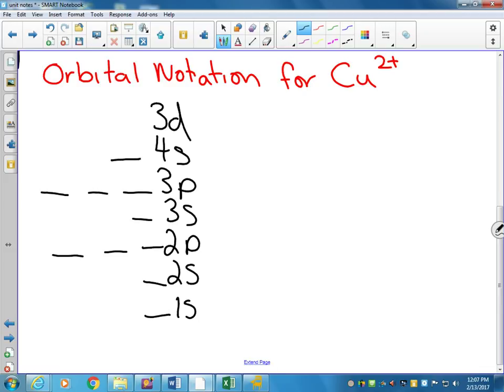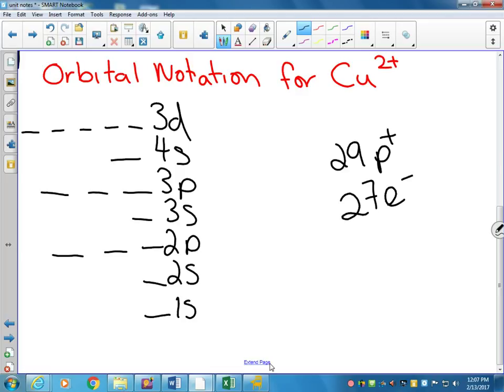And you said that's pretty much it, right? But I need 1, 2, 3, 4, 5 lines. Copper has the number of protons and the atomic number of what? 29. 29 protons. So if it's copper 2+, how many electrons does it have?